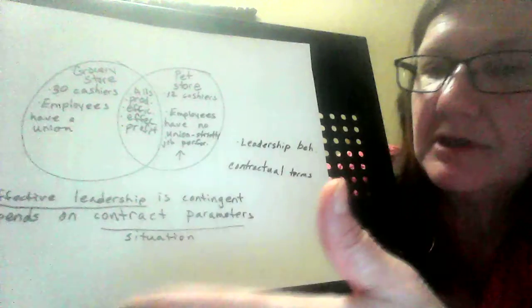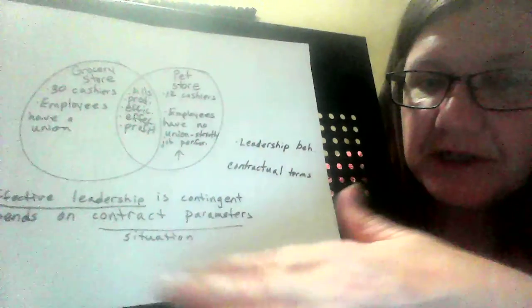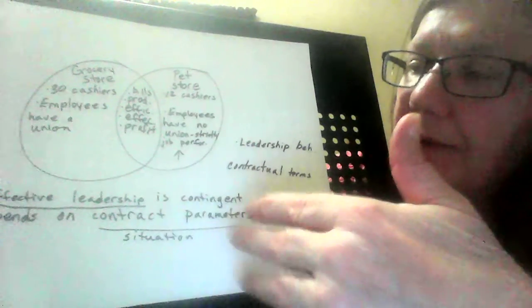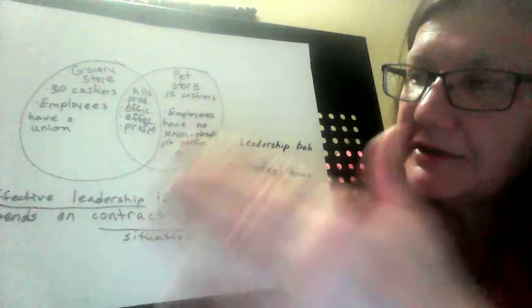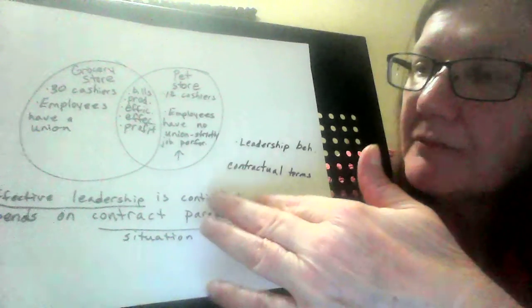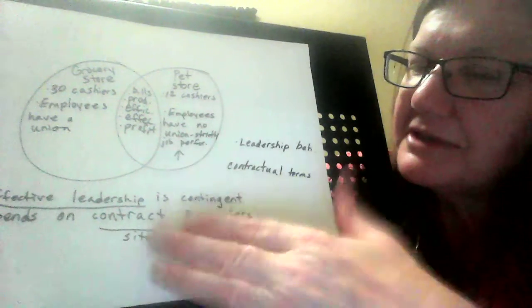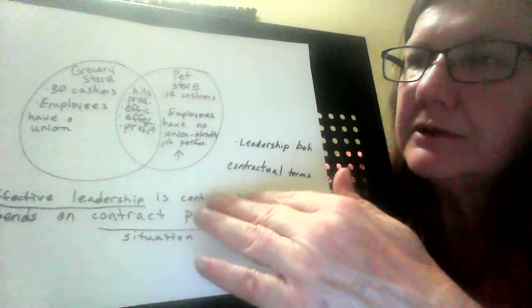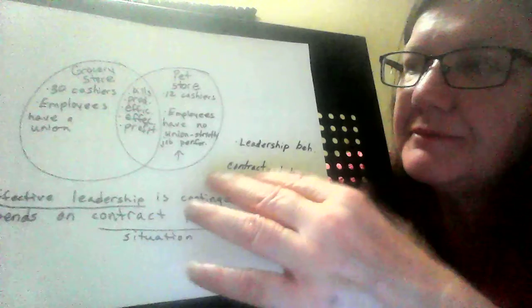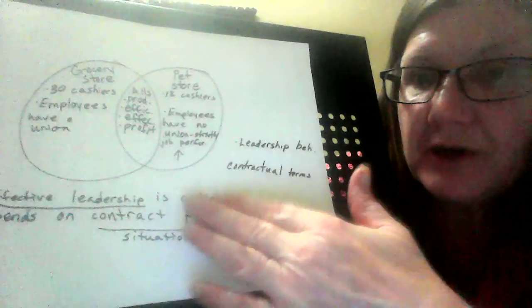Both leaderships, I'm sure, have bills that they have to pay to keep the organization going. But then the difference is when I started thinking about those, that was where the contingency started falling in place, and I started seeing why a leader would have to adapt and adjust in all these different frameworks and all these different ways.